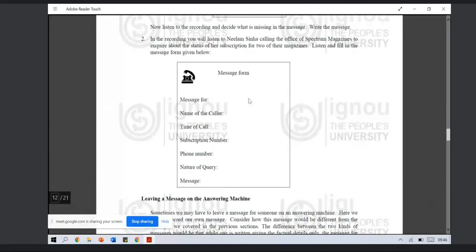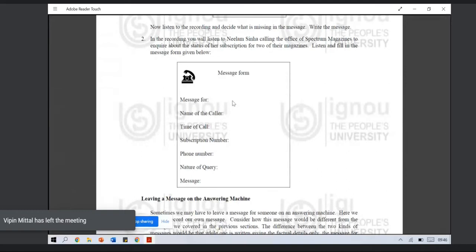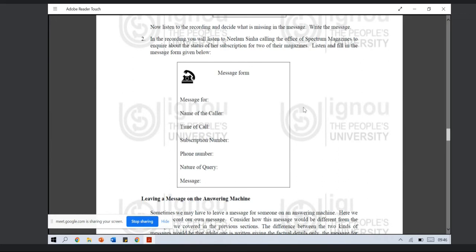If you know the person who is calling, you can give a more specific answer. If you do not know the person who is calling your boss, you can say that Mr. Gupta is in an important meeting, or Mr. Gupta is just out of town, or he's out of office at this time.